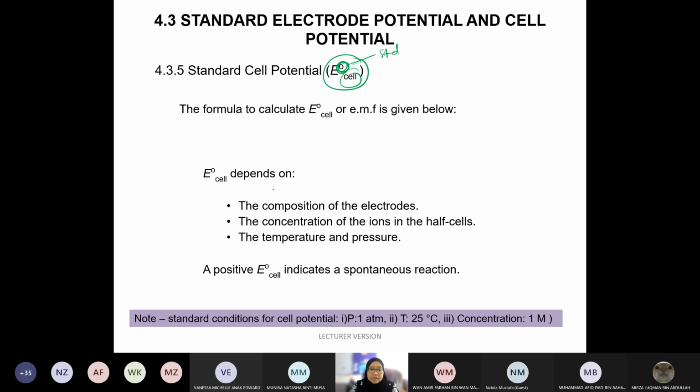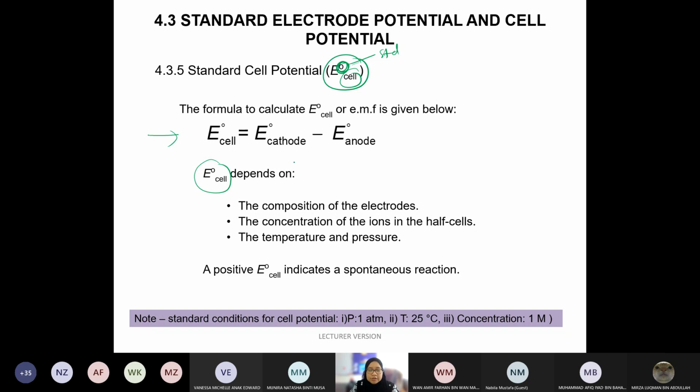E naught cell depends on the composition of the electrodes, the concentration of the ions in the half cell, and the temperature and pressure of the cell. If any of these three is changed, it will definitely affect the E naught cell. This is the first formula, it's very simple.